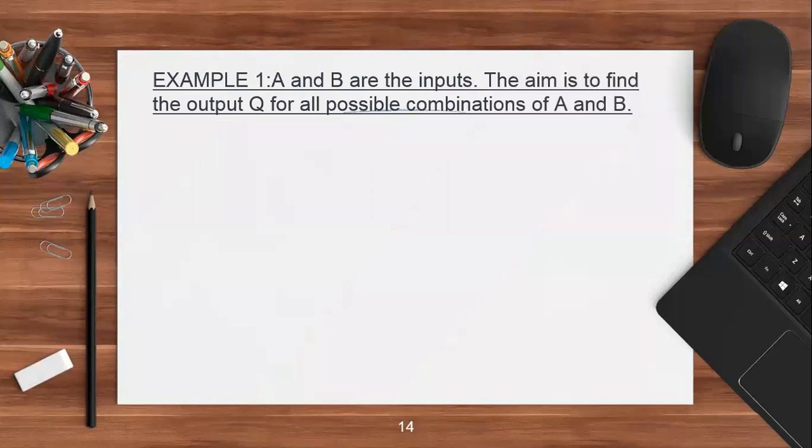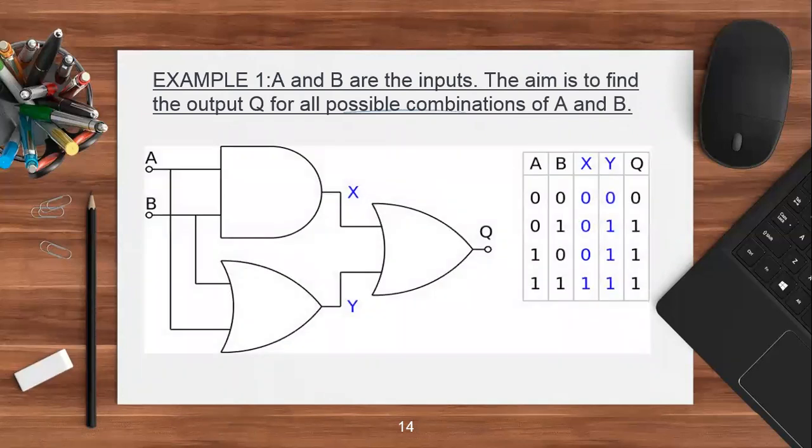Example: A and B are the inputs. The aim is to find the output Q for all possible combinations of A and B. You see the diagram. One is the AND gate, and the other two are OR gates. You have to make the truth table of this combination of gates.